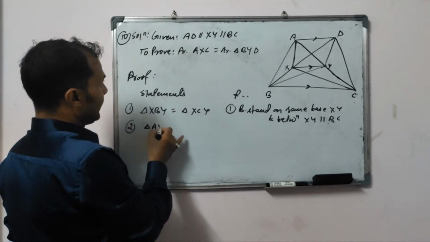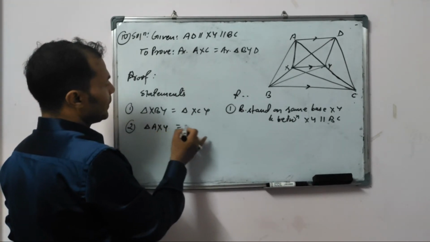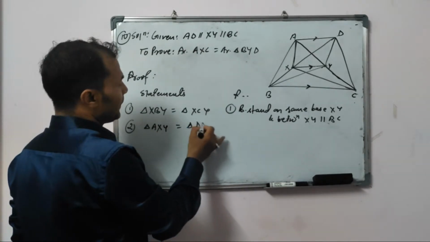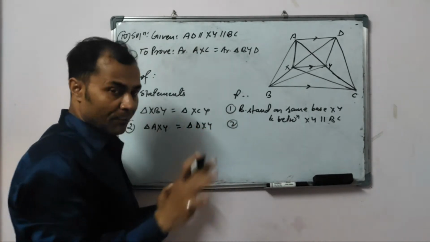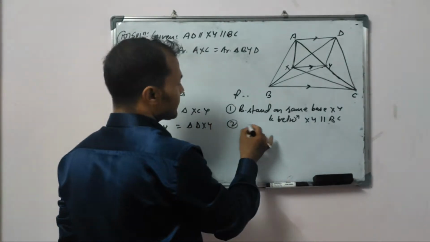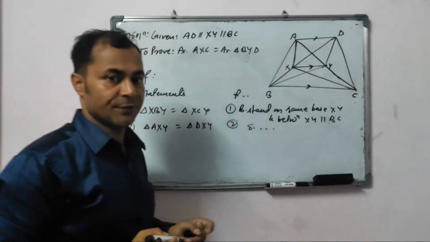Triangle AXY equals to triangle DXY. Same region, right? You can write in similar way. Same region.